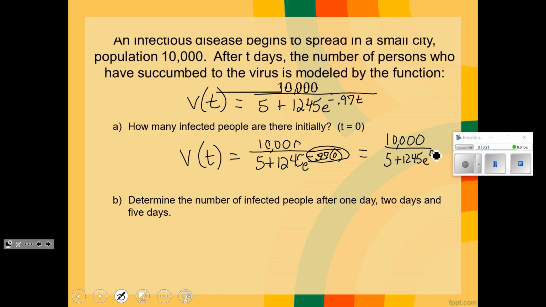Okay? So you could put this all in your calculator, but I would put the denominator in parentheses. And you're just going to plug it into your calculator. So when you plug this into your calculator, how many people are infected initially? No time has passed, actually it's day 0. 8 people have been infected.